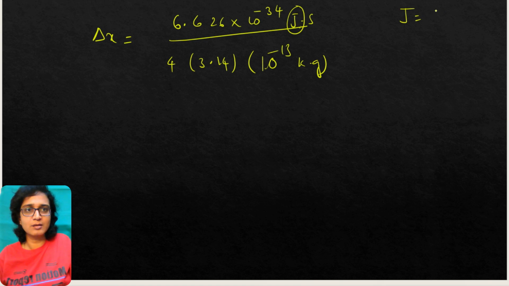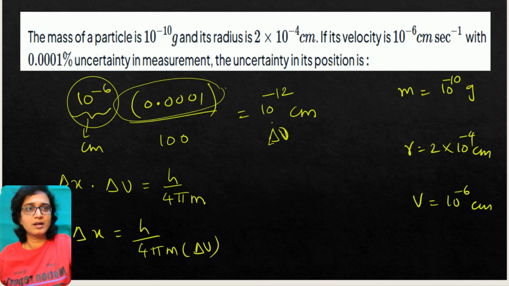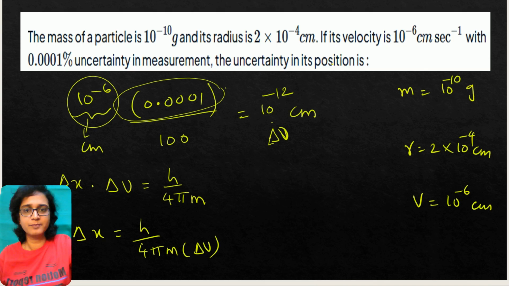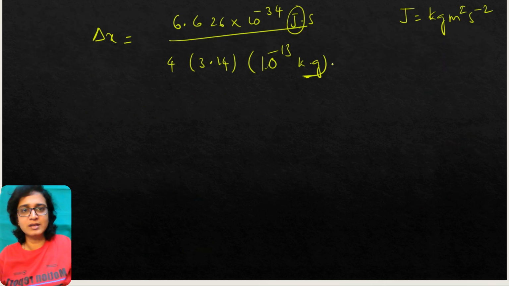Joules is nothing but kg meter square second power minus 2. So that's why I'm converting here to kg. And next, 4 pi m, delta v is 10 power minus 12 centimeters, so 10 power minus 14 meters.